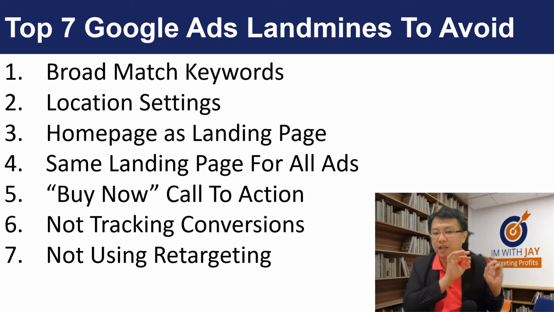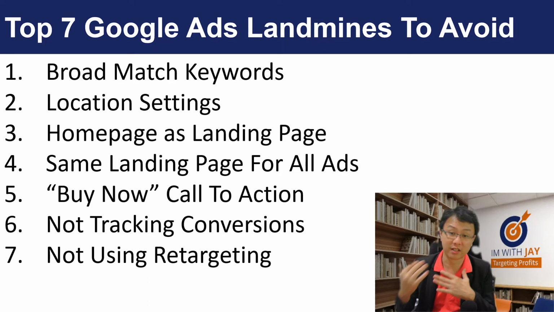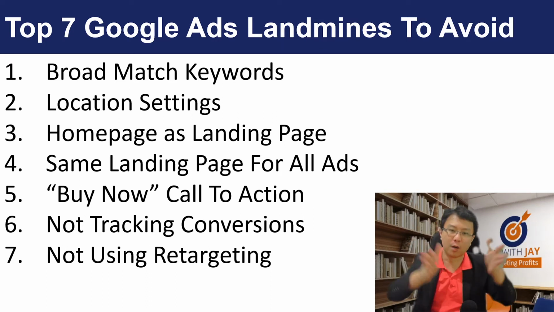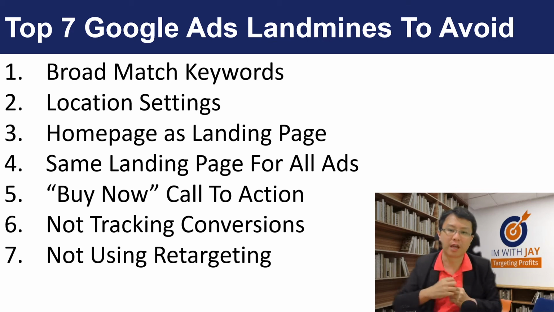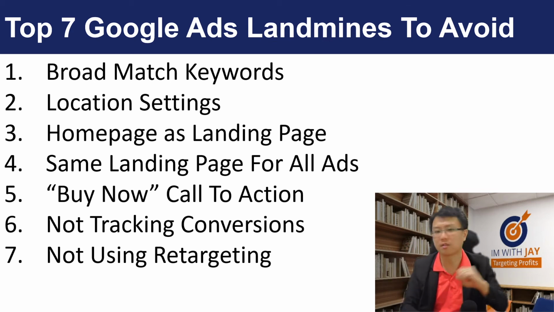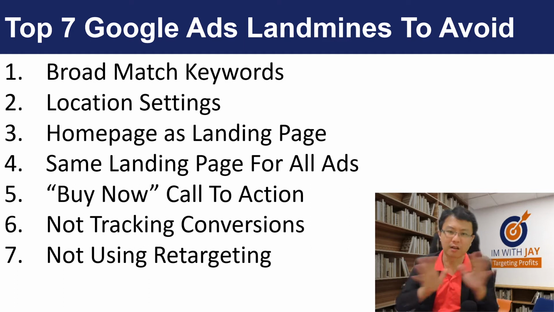If they type red clothes, they want clothes that are red in color. If you send them to your homepage, you're trying to appeal to everybody. So you're going to have red clothes, blue, green, yellow, black, white, different types of colors.